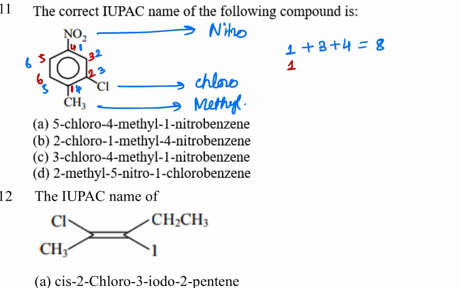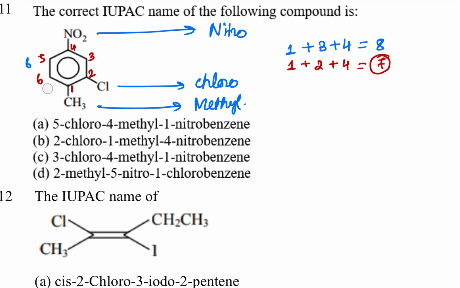At the first position, at the second position, at the fourth position. What do I get? 7. Which one is least? 7. So we go with the least number. Least number is 7. So I'll go with the red one, removing the blue part. So the blue way of numbering we will not go with.